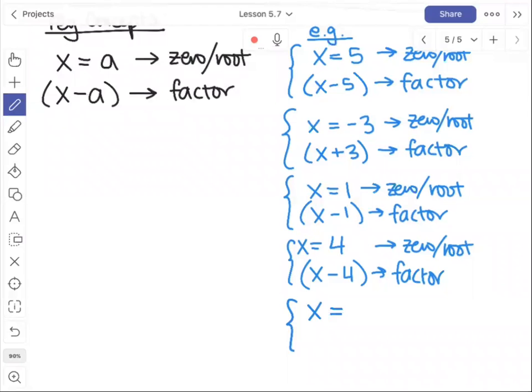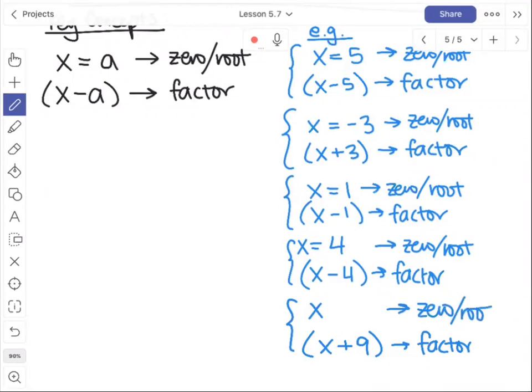If x plus 9 is a factor, then what must be a root? Bowen, what must be a 0 or a root if x plus 9 is a factor? -9. -9, perfect. Good job.